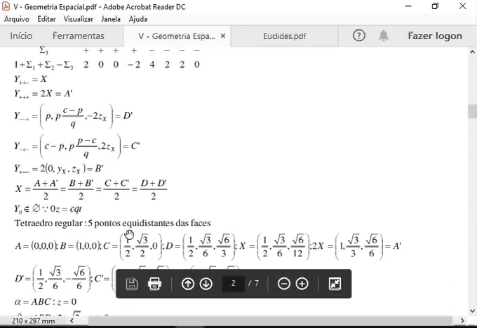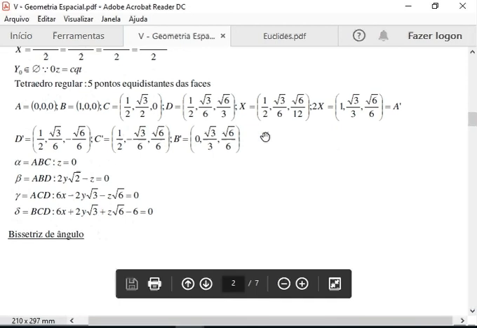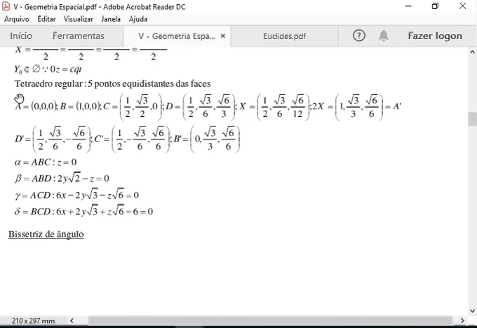We found 5 equidistant points of the faces of a regular tetrahedron. The regular tetrahedron: A is 0, 0, 0, B is 1, 0, 0, C is 1 half, square root of 3 over 2, 0, D is 1 half, square root of 3 over 6, square root of 6 over 3. ABCD is a regular tetrahedron.